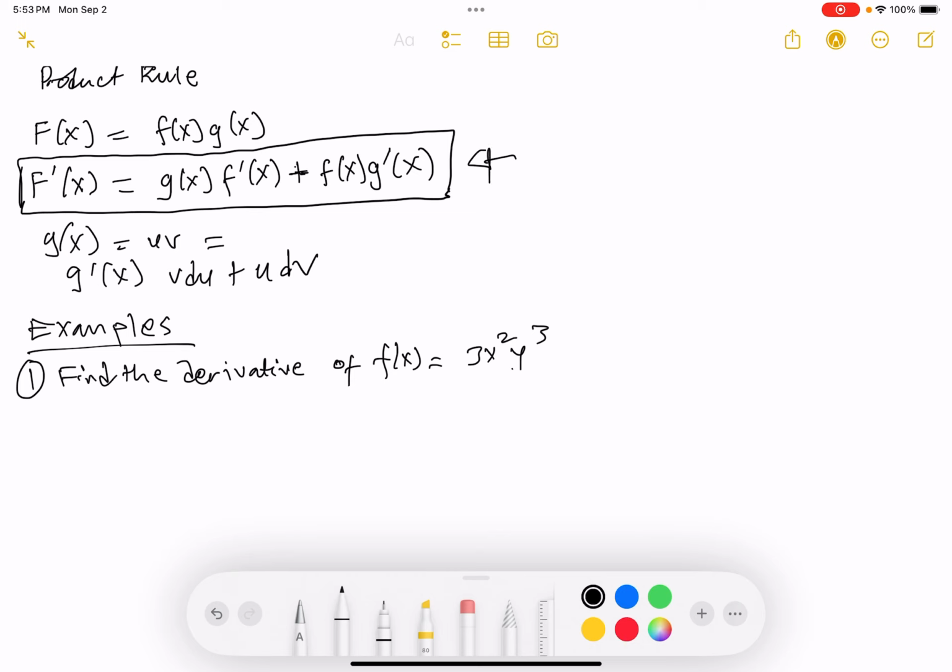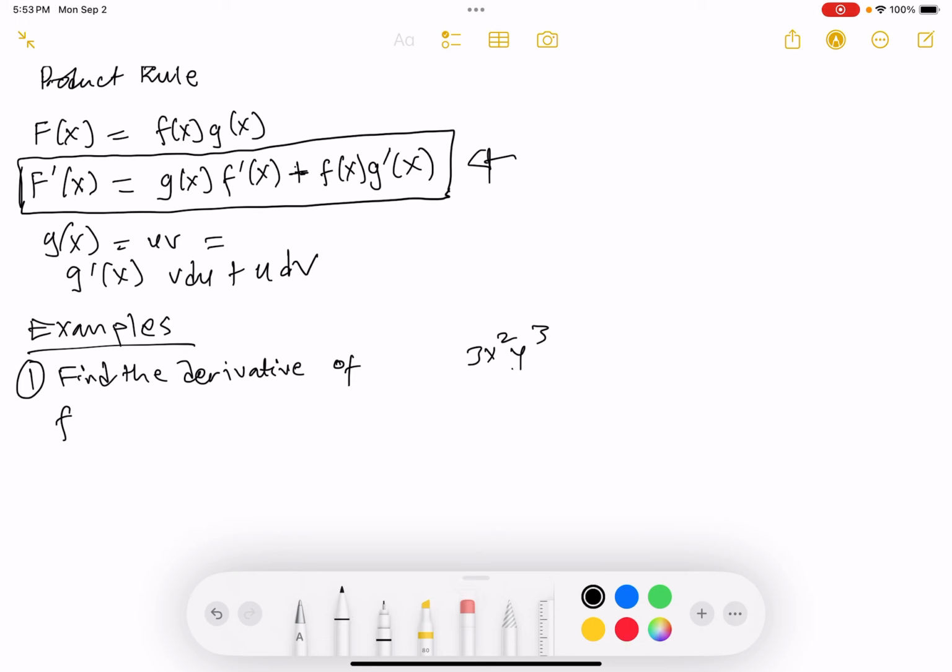Let me see, I think that maybe we don't want to call it that way.